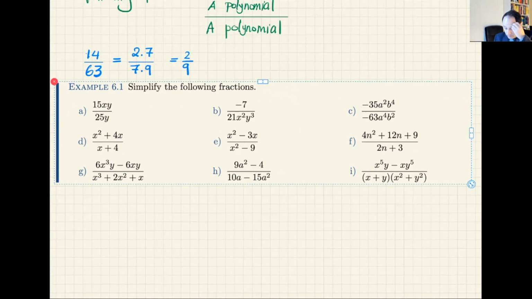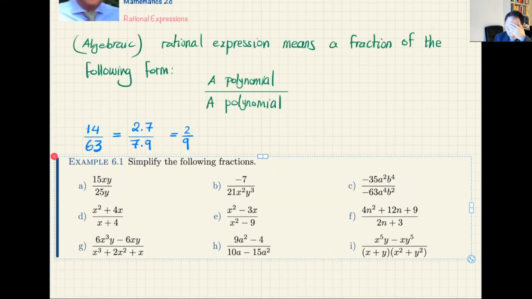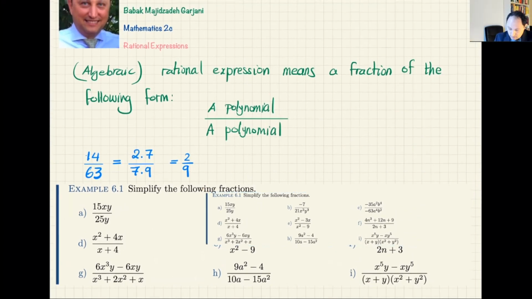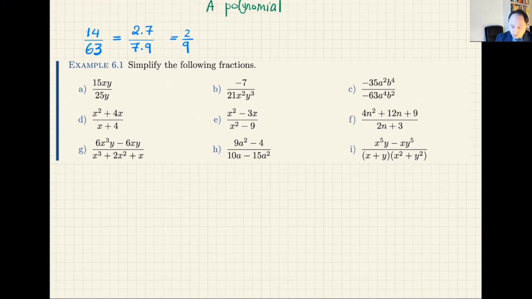Maybe we will not finish. Okay, I can copy and paste it on the next page as well. So I have more or less enough space here. Okay, so here, simplify the following fractions, or instead of fractions, I can call them rational expressions or algebraic rational expressions. So here I want to start simplifying this. The first few examples are very simple. Already they are in factorized form.